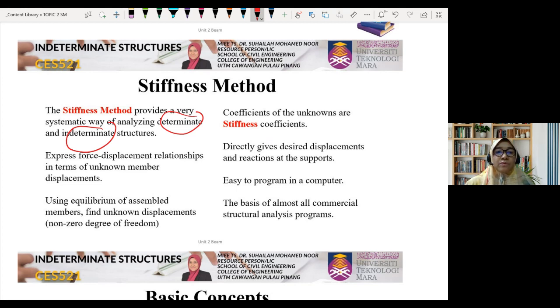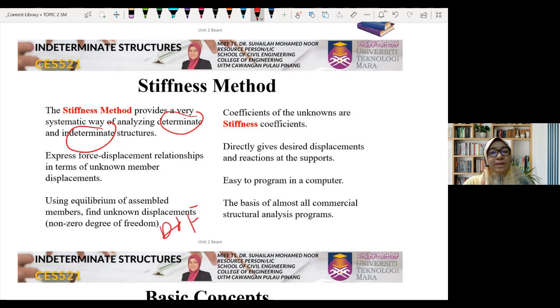Using equilibrium of assembled member, we will find the unknown displacement in analysis of beam using stiffness method. We also call these non-zero degrees of freedom.